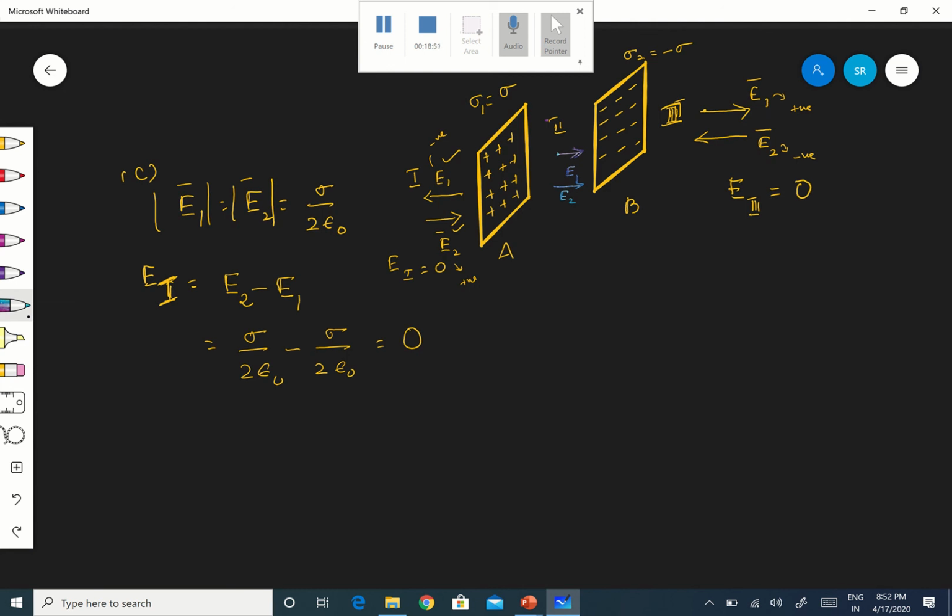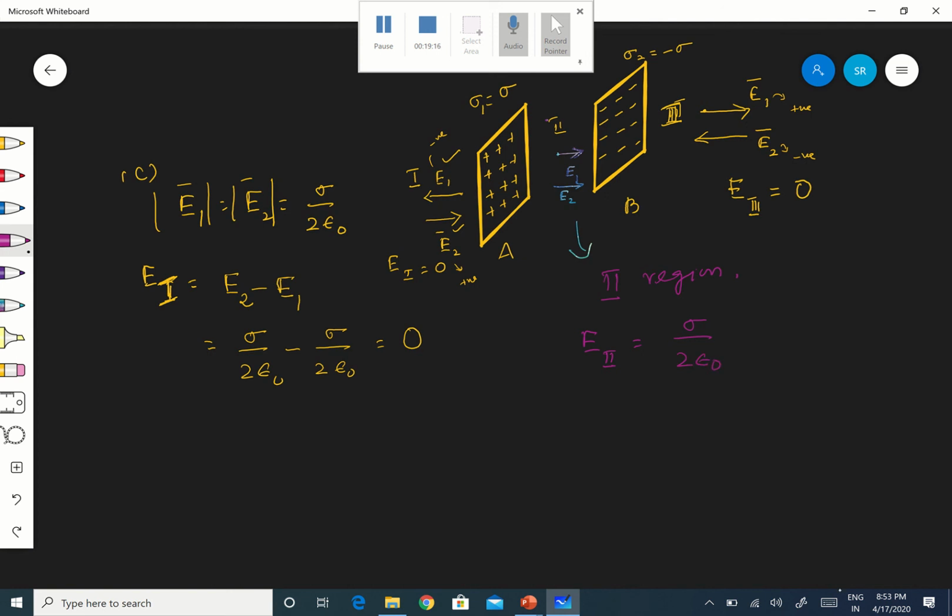Therefore, in the second region, what is your E2? Both are in the same direction only, no? Both are positive, left to right, E1 and E2 both.